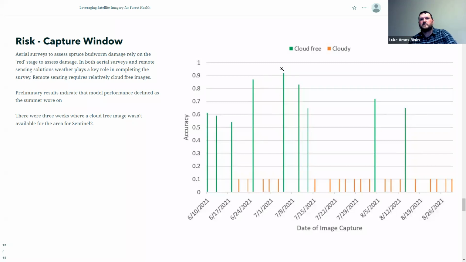So, our best model, our highest accuracy was, I guess this is July 4th. So right around what you'd expect to be your peak red stage, but it was still pretty good within a few weeks, and then dropped off as the season wore on, and predictably wasn't very great early on in the season because there was no damage yet.